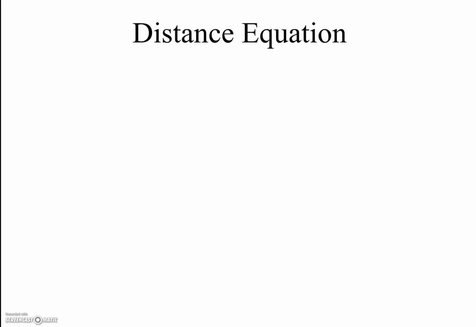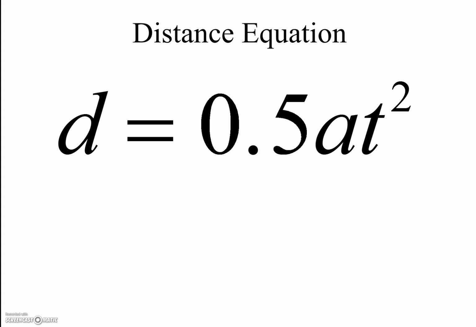So we want to look at our distance equation, and this is what we would use if a question says, how far did an accelerating car travel? So we've got d equals 0.5 at squared. D is for distance, 0.5 is just a constant, a stands for acceleration, and t stands for our time, which we're going to square.